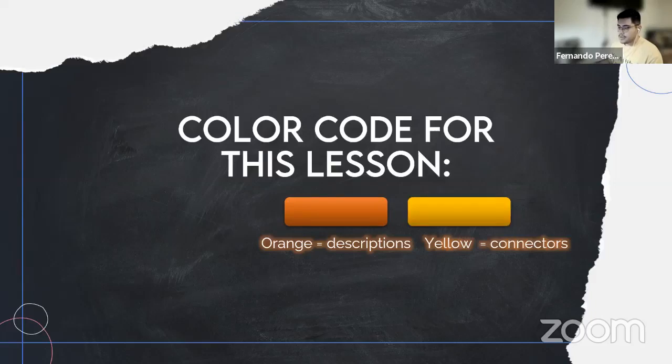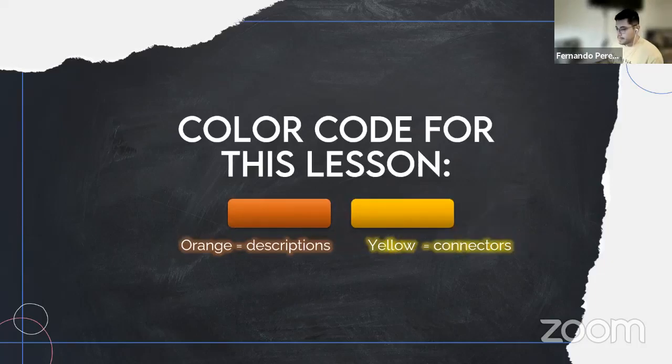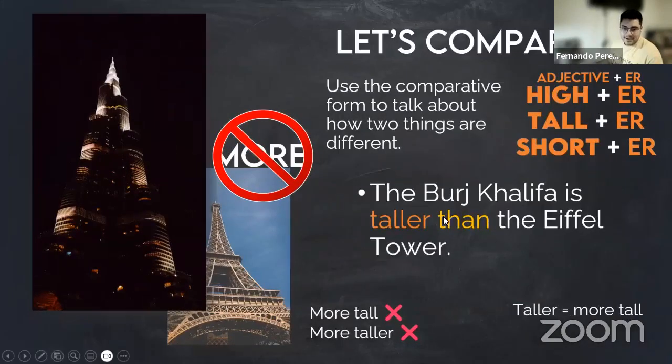Orange and yellow, orange and yellow. Okay? Of course, because we need to remember the connector than. And don't confuse than with that. Very different connectors, super different. Than versus that.